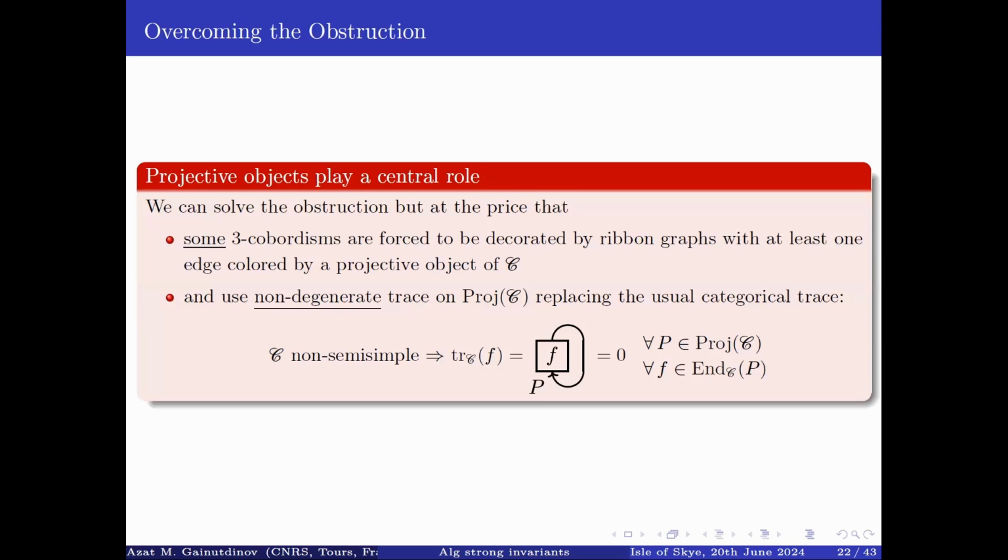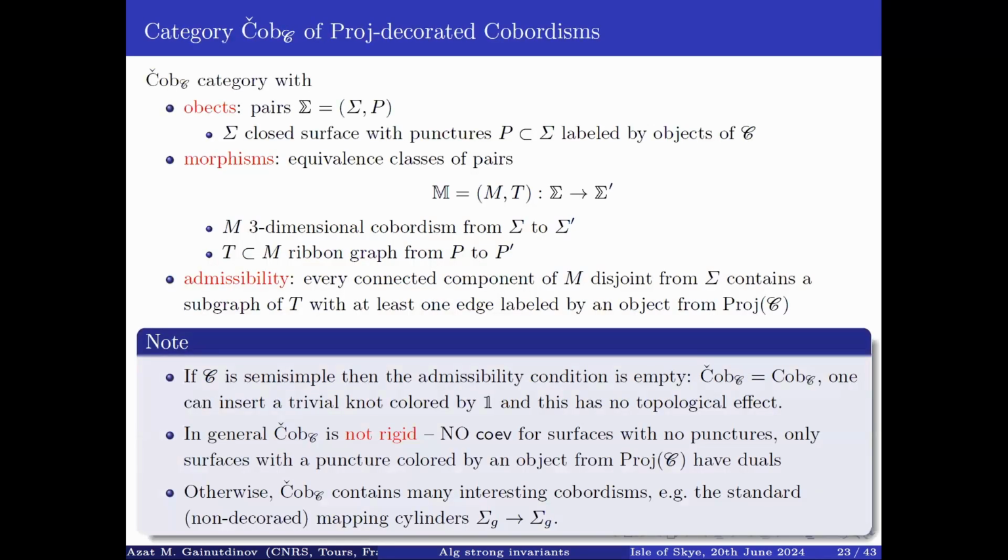The idea is that the subcategory of projective objects admits its own trace. It's a non-degenerate trace on the ideal, which replaces the usual categorical trace, because when C is not semi-simple, the usual categorical trace on endomorphisms of projective objects is zero. So there are two key points: a non-trivial trace on the ideal of projective objects and a modified cobordism category. But it's still an interesting construction.